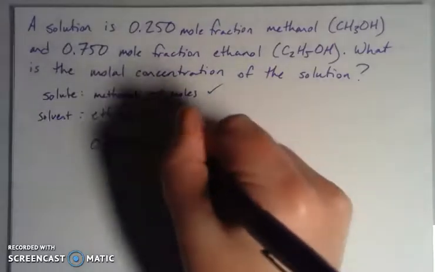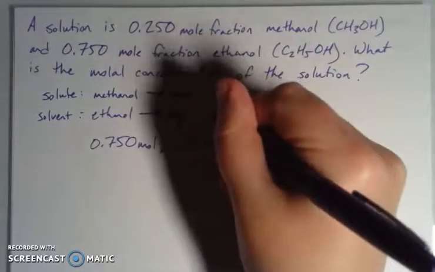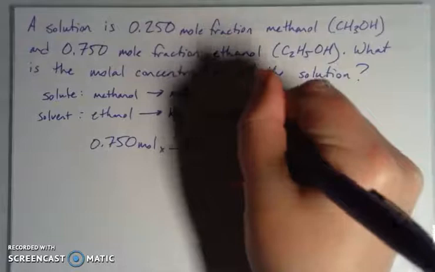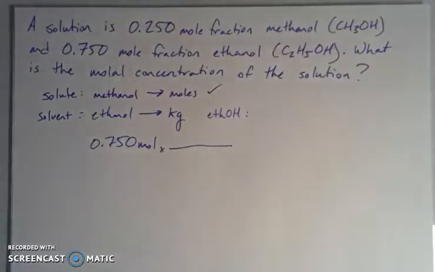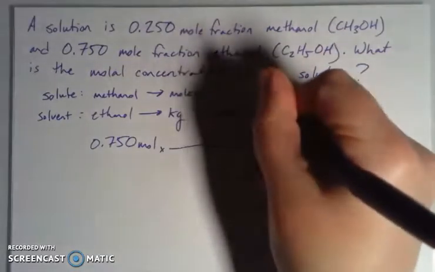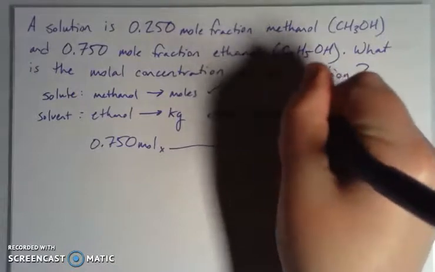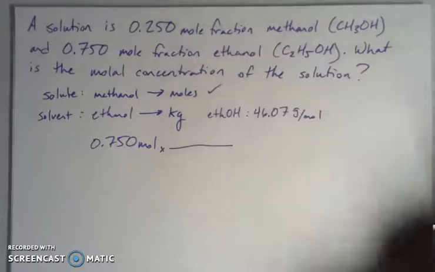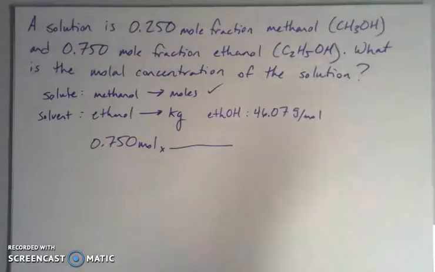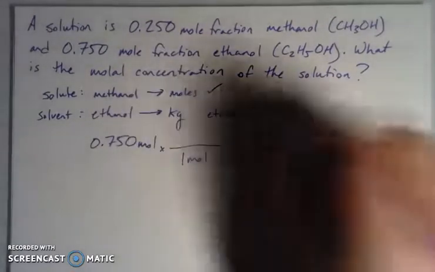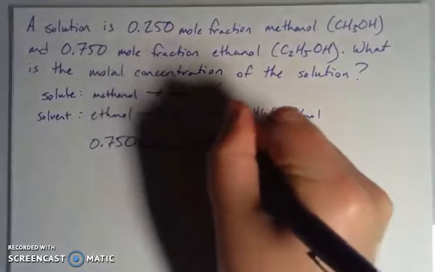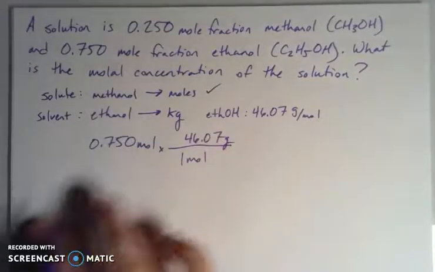So I need the molar mass of ethanol. When I look up ethanol's molar mass, I get 46.07 grams per mole, just coming from the periodic table, adding together each of my component pieces. So for every 1 mole, I have 46.07 grams.